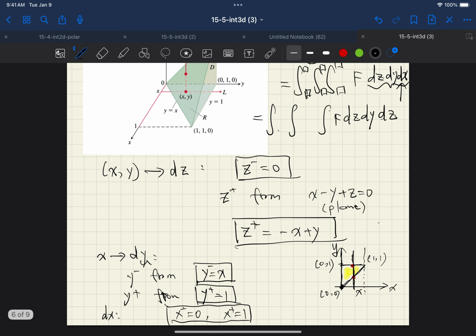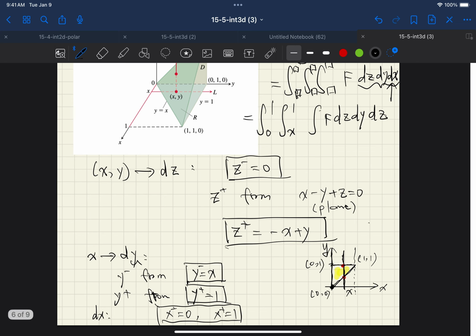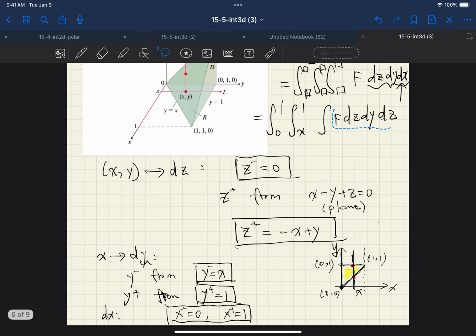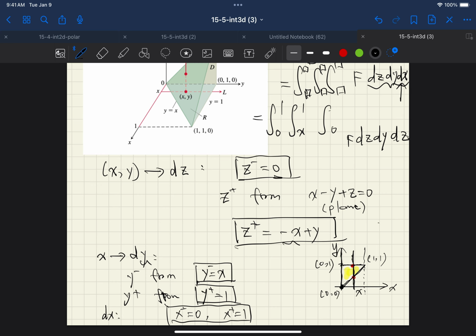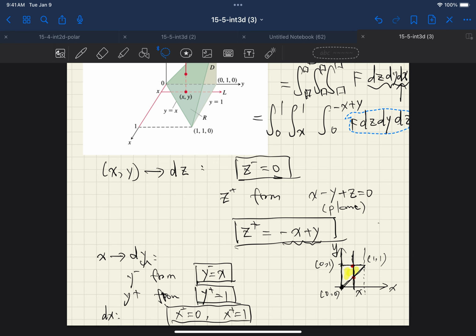So x is from 0 to 1, and y is from x to 1, and z is, I need more space, so z is from 0 to this value, negative x plus y. And I will move this back. So this is what we wanted for this example.